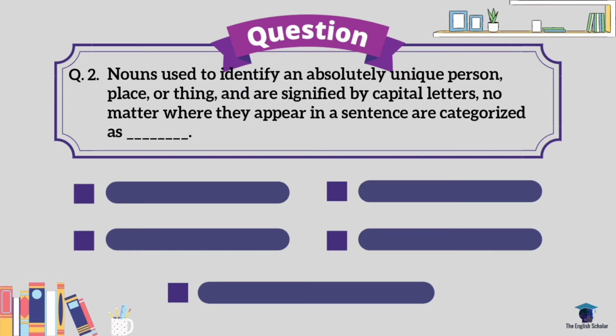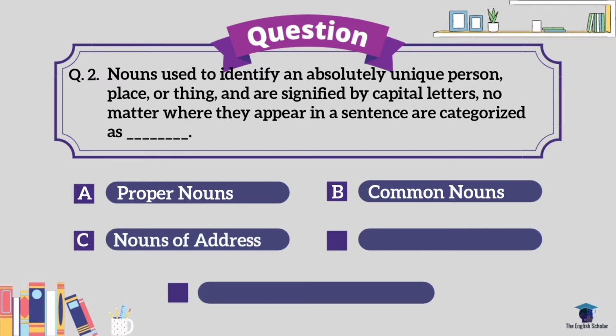2. Nouns used to identify an absolutely unique person, place, or thing, and are signified by capital letters, no matter where they appear in a sentence, are categorized as A. Proper nouns, B. Common nouns, C. Nouns of address, D. Abstract nouns, E. Concrete nouns.